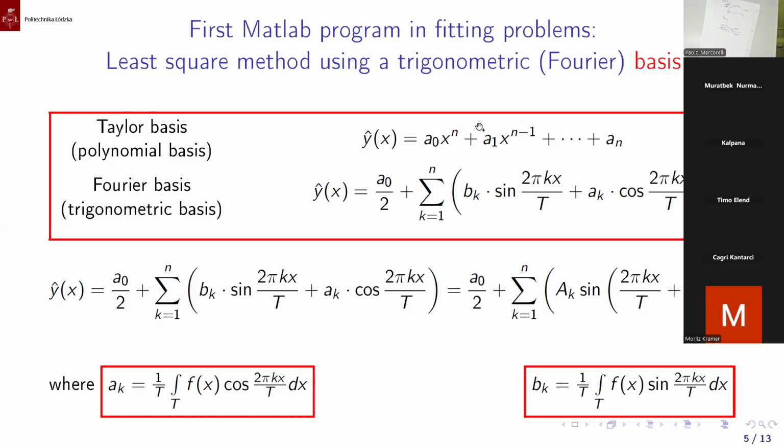Anyway, you know that the polynomial can also be written as a summation, in which the index is a general index i from 0 to n.